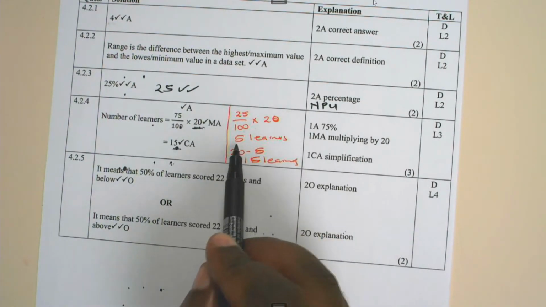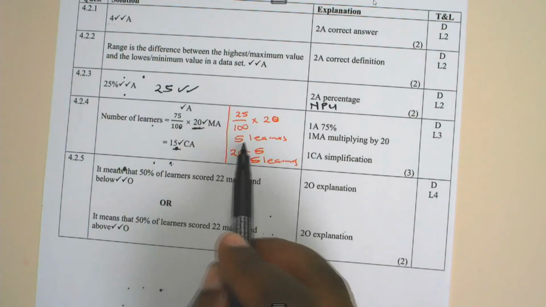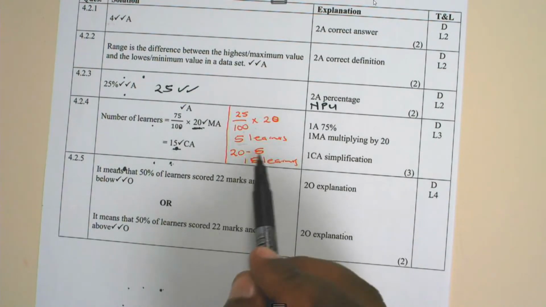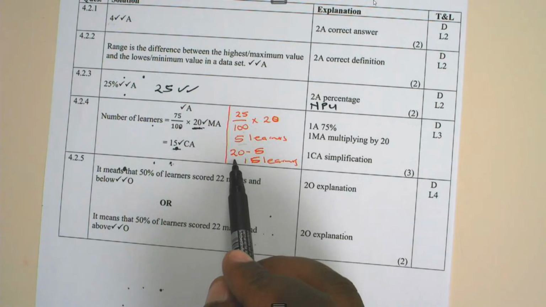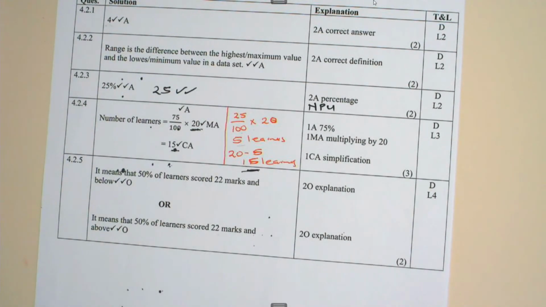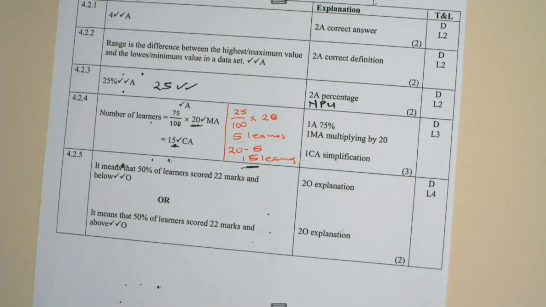Then they get 5 learners. But they continue to subtract that 5 from 20. Then they should get the correct answer, 15 learners. So make sure you check that information.